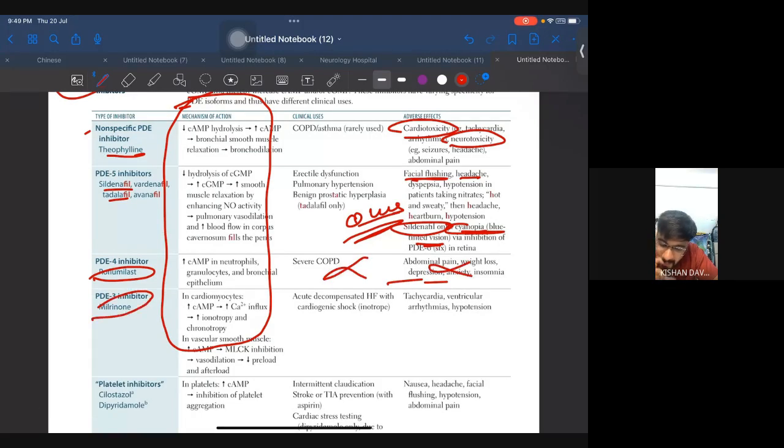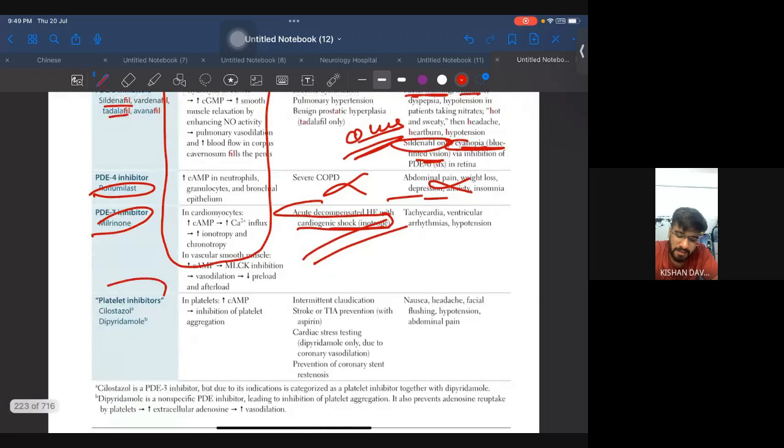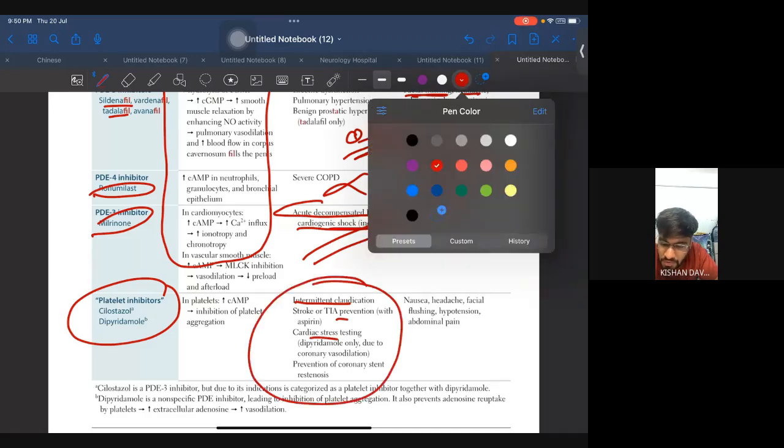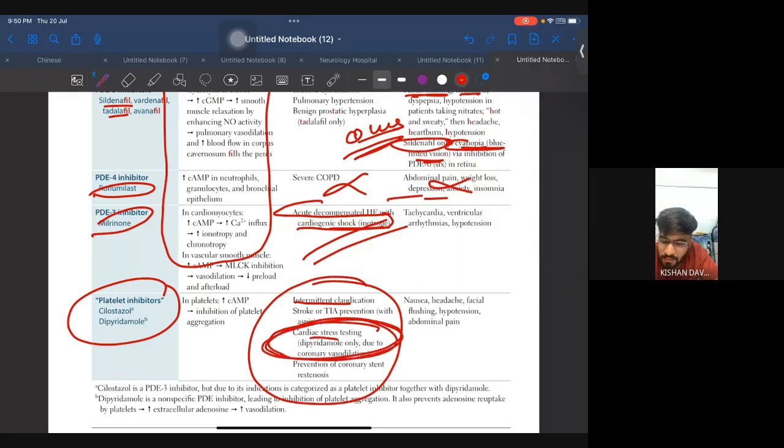Milrinone, this is for acute decompensated heart failure with cardiogenic shock. This is asked. Platelet inhibitors, cilostazol and dipyridamole, used in intermittent claudication, TIA, cardiac stress testing. Here, cardiac stress testing is very important. Questions have been asked. UVL and BME.